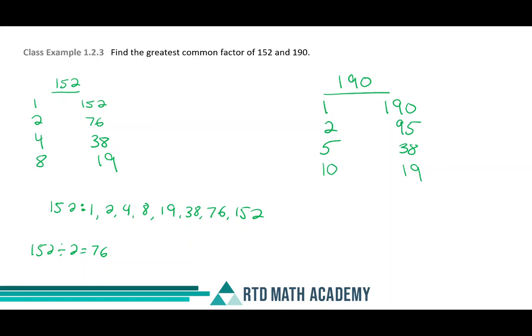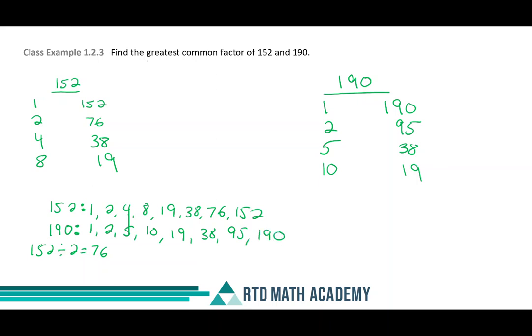And so we can see we've pretty much exhausted this list up until I get to 19. And just by practicing going through that nice systematic way of going up by 1, up by 1, up by 1 until I hit the other side. So now I can say the factors of 190 are 1, 2, 5, 10, 19, 38, 95, and 190.